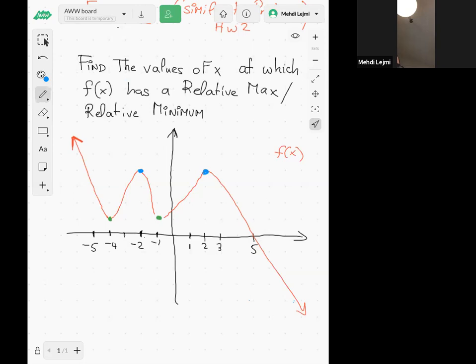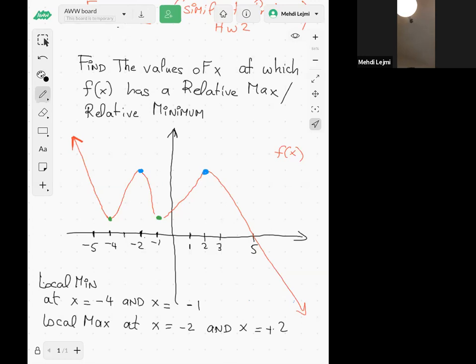So the answer: a local min at x = -4 and x = -1, and we do have local max at x = -2 and x = +2. Does anyone have trouble finding the local min and local max here?